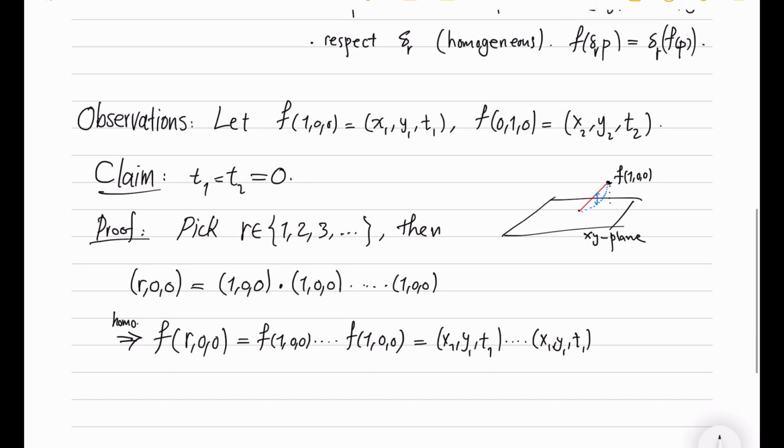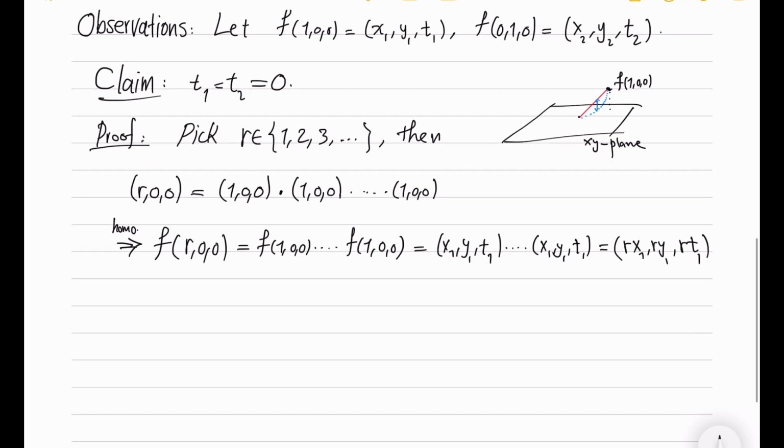And again, if the same vector multiplies into itself, it becomes just Euclidean addition. So this becomes r times x1, r times y1, and r times t1.